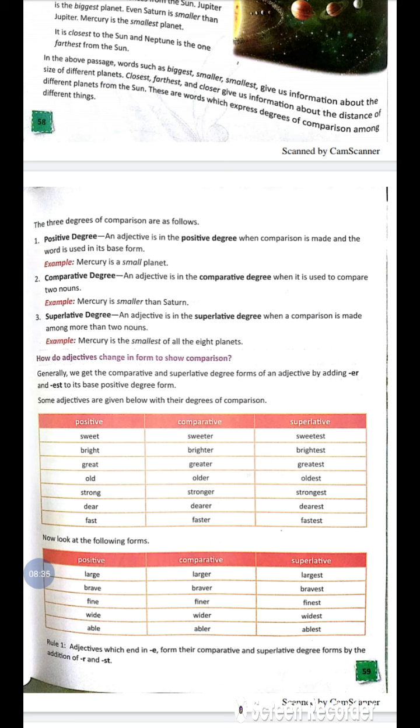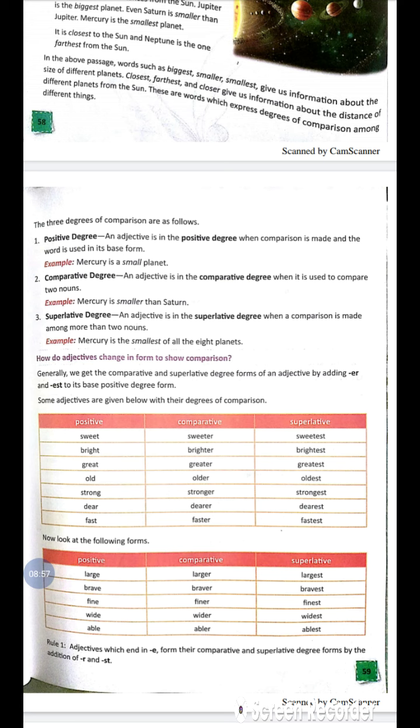Comparative degree. An adjective is in the comparative degree when it is used to compare two nouns. When you are comparing two nouns, then we have to use the comparative degree. Mercury is smaller than Saturn. Superlative degree. An adjective is in the superlative degree when a comparison is made among more than two nouns.